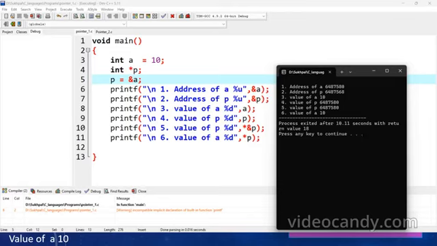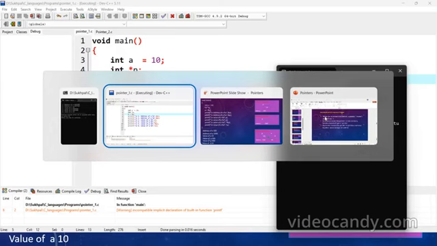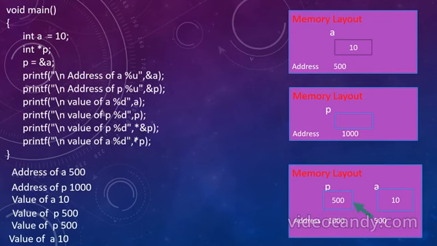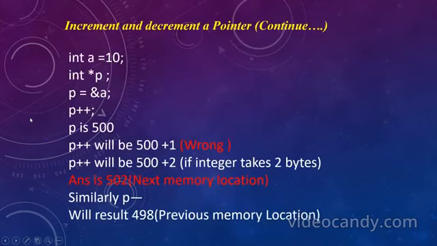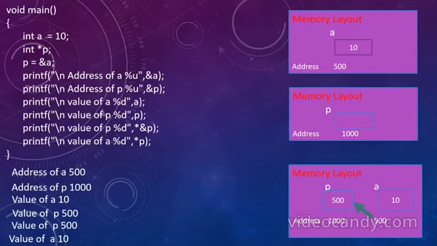What is p storing? P is storing the address of a. So I am finding what value is at a, that is 10. You can see that in the picture here. Star p here, what does p store? 500, and star p is 10. So I hope it is clear to everyone.